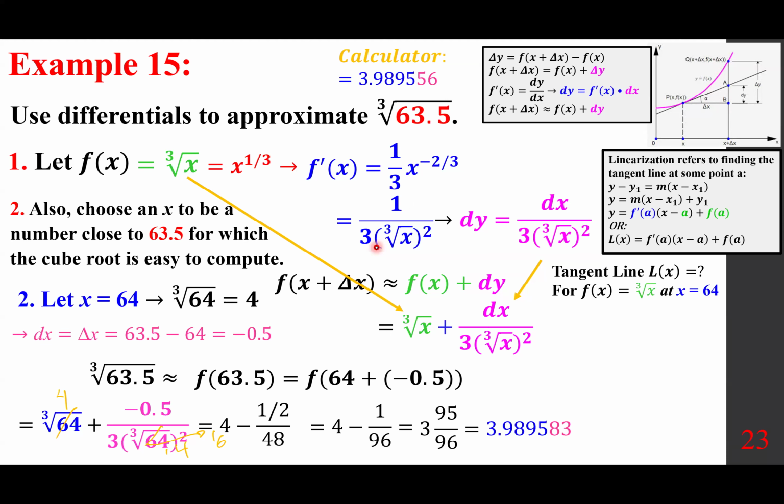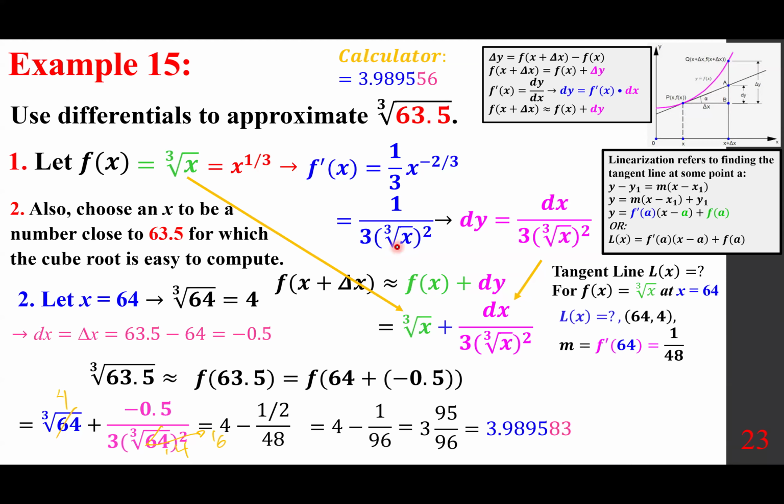So one more time, 64 goes in here and gives us 4. That's 64 comma 4, the pair. If you put it here, you get 4. Square it, 16 times 3, 48, 1 over 48.